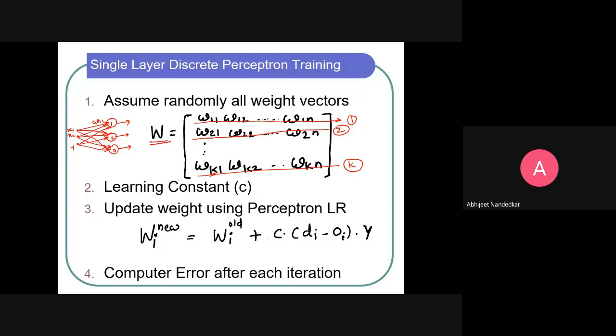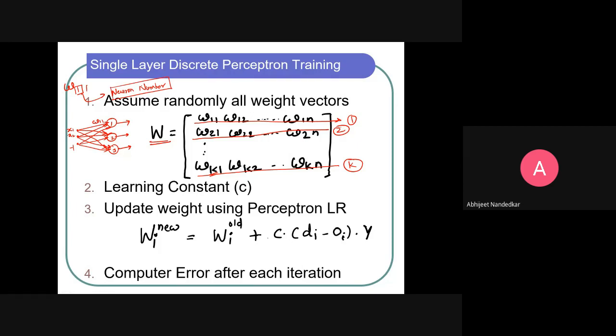When I write W11, the first position is the neuron number. So you keep this in mind. It will come in multi-layer also.